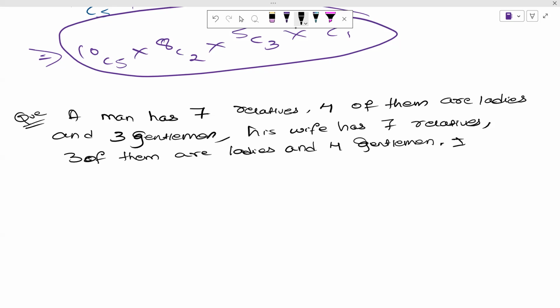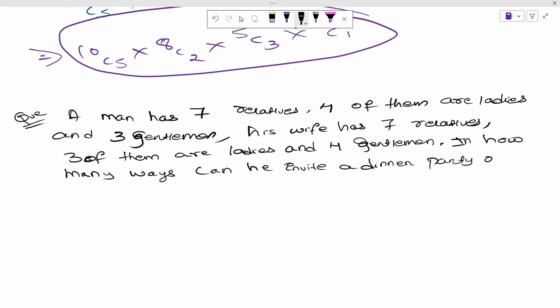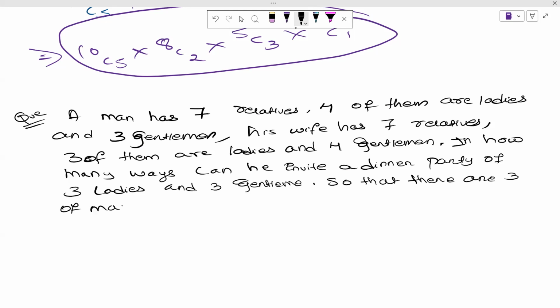Now, what is the question? In how many ways can he invite a dinner party of 3 ladies and 3 gentlemen, so that there are 3 of the man's relatives and 3 of the wife's relatives.